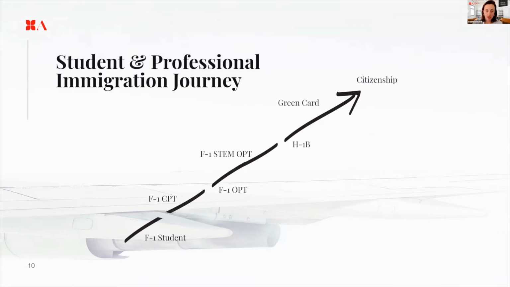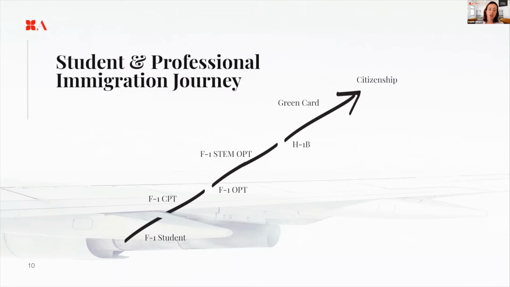So this slide describes a typical path for international students on F1, and pre-pandemic, there were about a million international students in the US on F1 at any given time, mostly college, masters, and PhDs, but even some high school students. But the work authorization I'm going to be chatting about applies specifically for bachelor's level and higher.